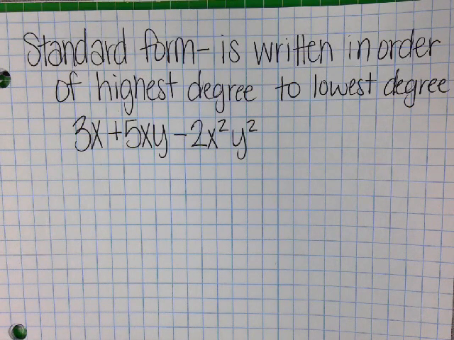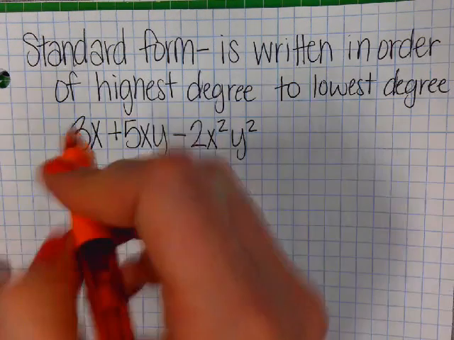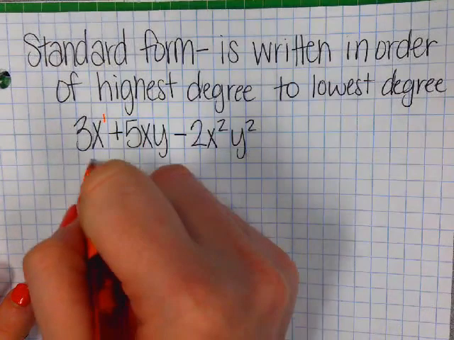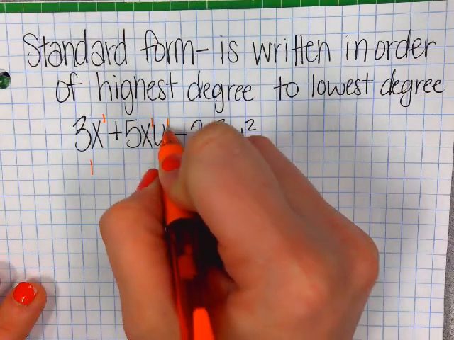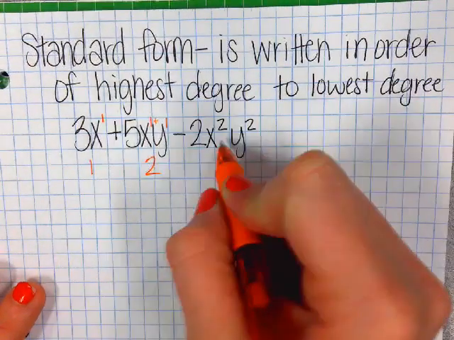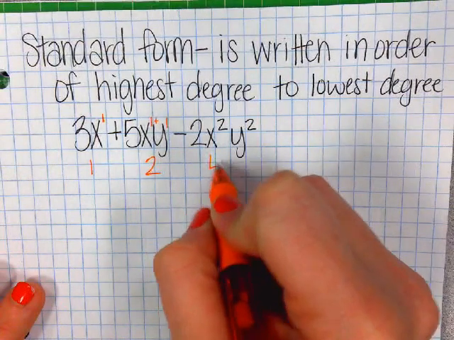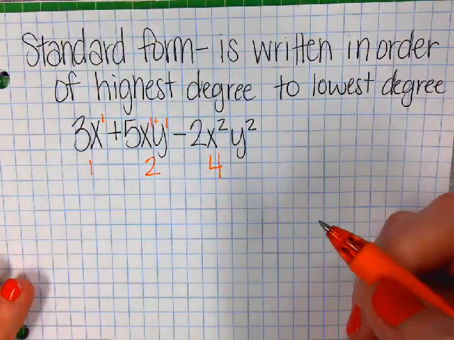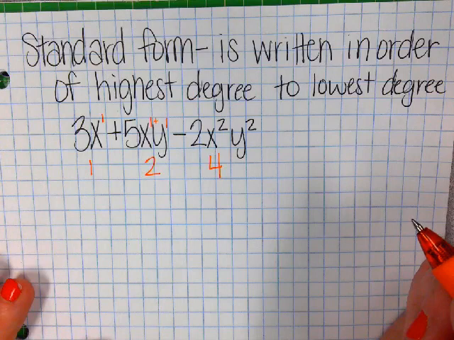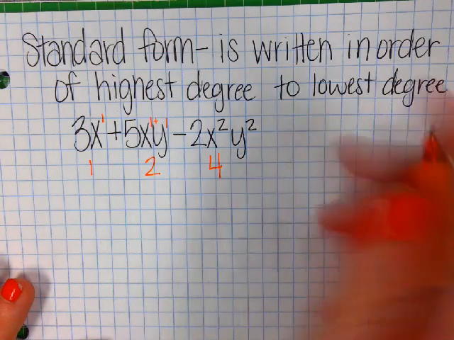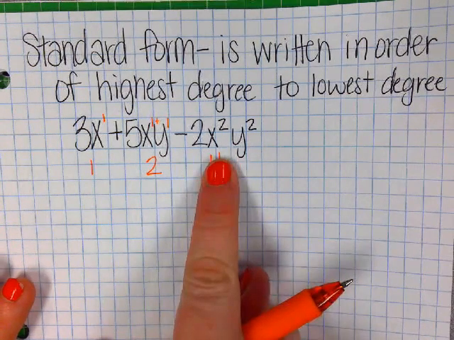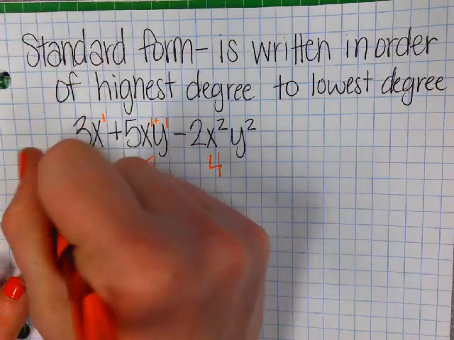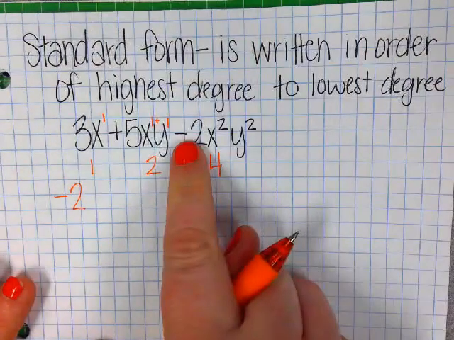That problem is just the problem that we just did on that last table. Remember, the degree of this first term was 1, degree of this term was 2, and the degree of the last one was 4. So if I wanted to write it in order of highest degree first, which term needs to go first? This one right here, the one with the degree of 4.